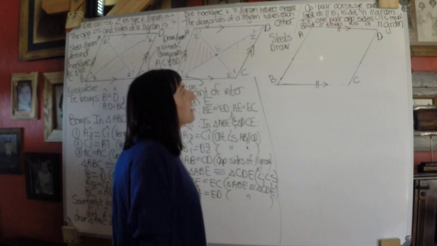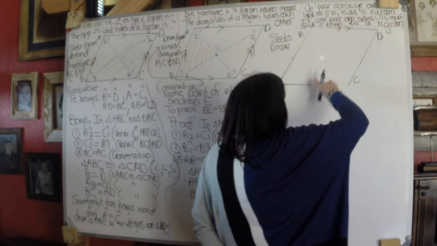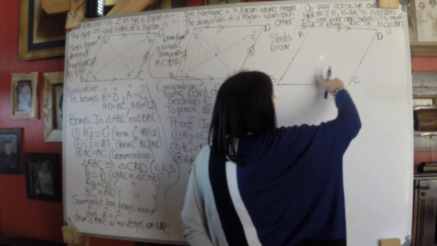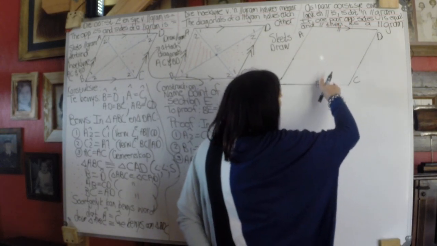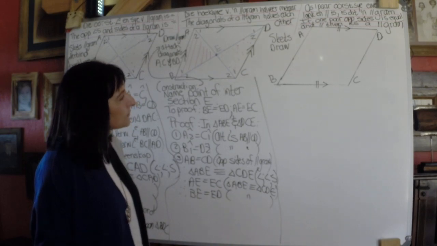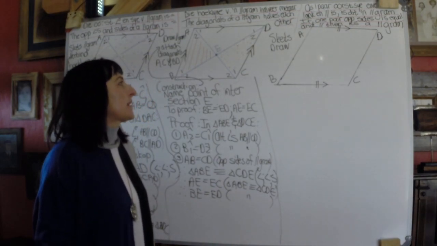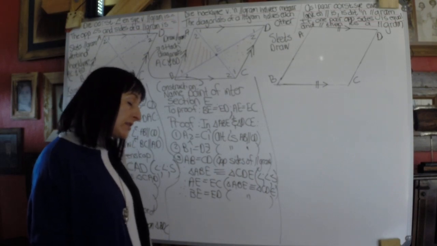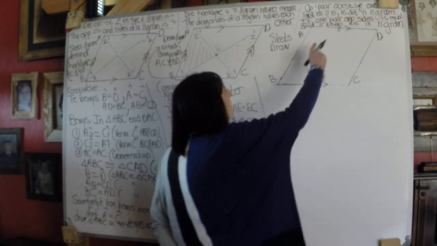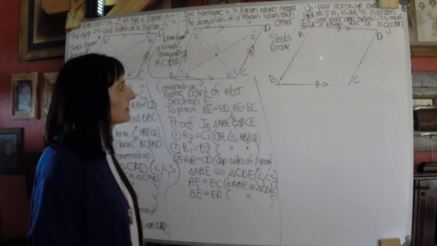Bewys dat as een paar sye van 'n vierhoek, very important. If one pair of sides of a quadrilateral is equal and parallel, then that quadrilateral is a parallelogram. As twee oorstaande sye van 'n vierhoek gelyk en ewewydig is, dan is dit 'n parallelogram.